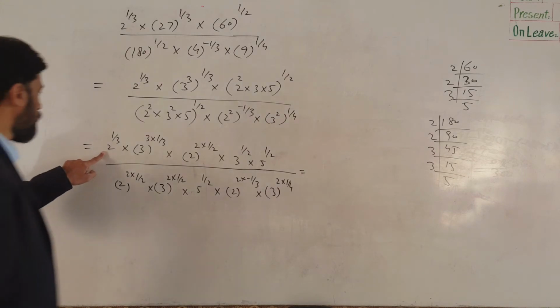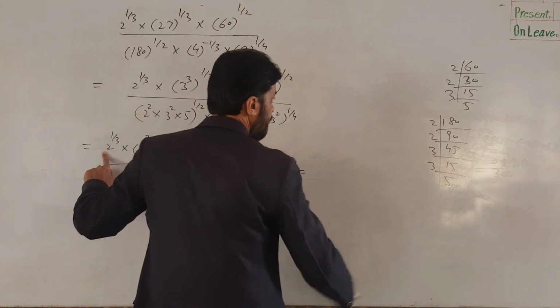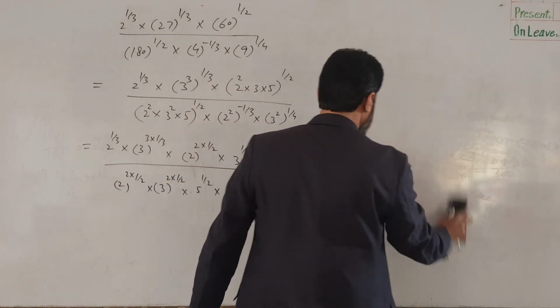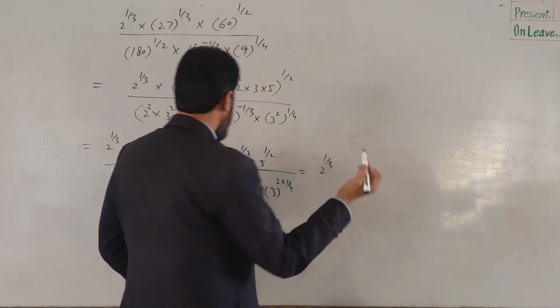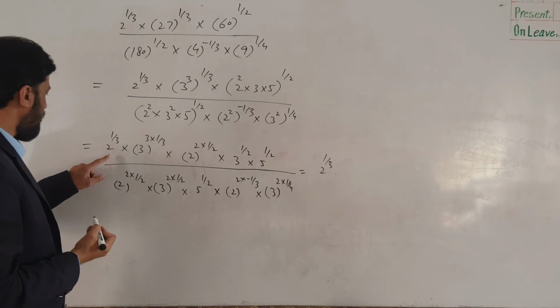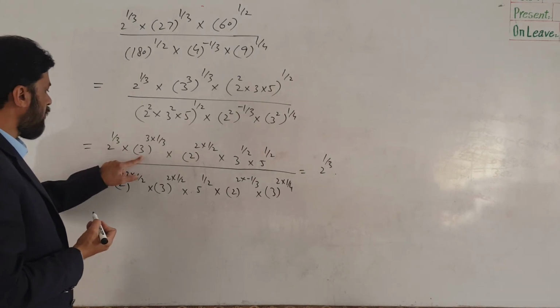Now 2 raised to power 1 by 3, multiplied by the dot. We can write the sign of dot.